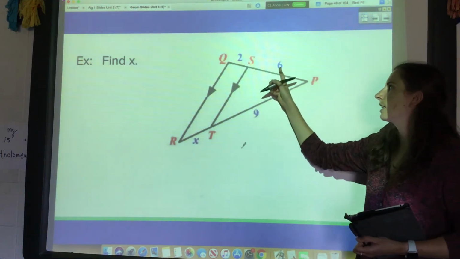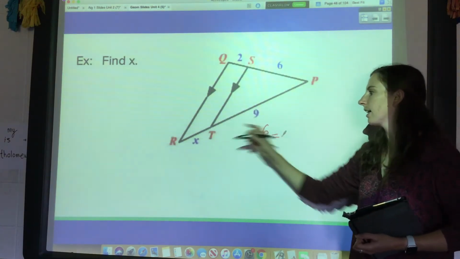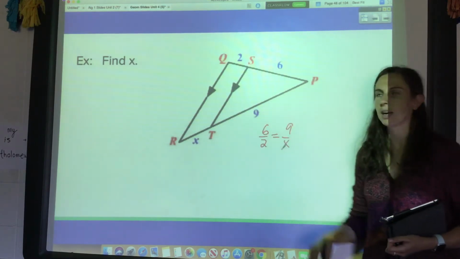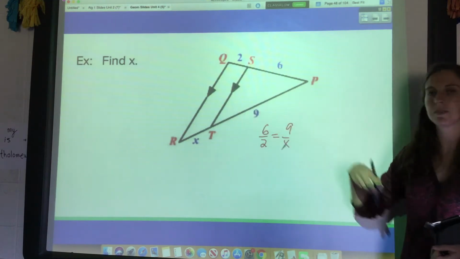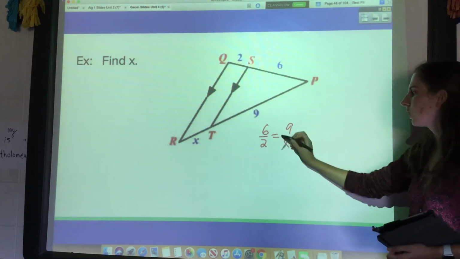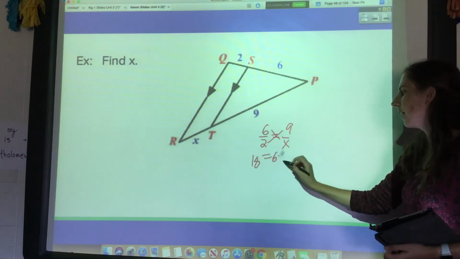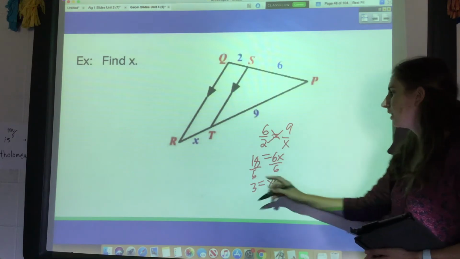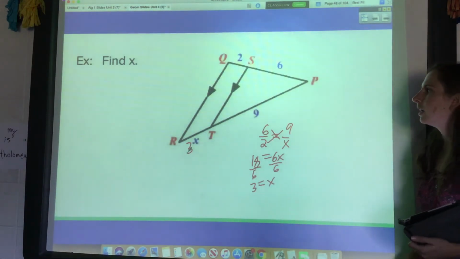So like 6 to 2 is the same as 9 to x. Or you could have said 2 to 6 and x to 9, either way. Or you could even do 2 to x and 6 to 9. So cross multiply: 2 times 9 is 18 equals 6x, divide by 6, and we get 3. Does that make sense? Seems like that could be a 3, sure. Okay.